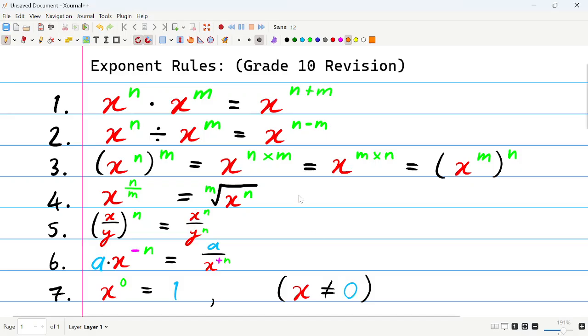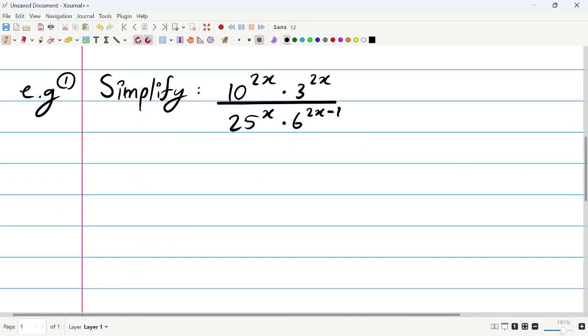And that's about it for the revision for the exponent rules. Let's go straight to the examples. Okay, so the first example we have here is to simplify 10 to the power of 2x multiplied by 3 to the power of 2x, all divided by 25 to the power of x multiplied by 6 to the power of 2x minus 1.